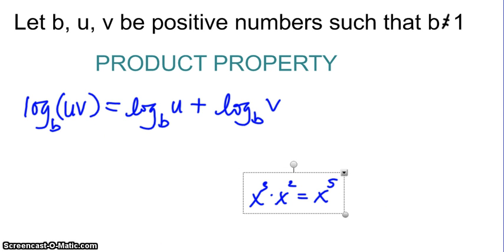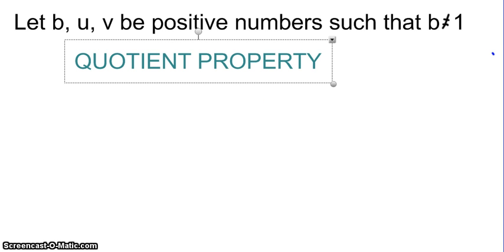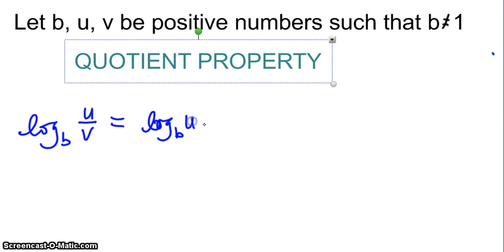The next property is the quotient property, and it looks like this. Log base b of u divided by v is equal to the log base b of u minus the log base b of v. It's the quotient law.